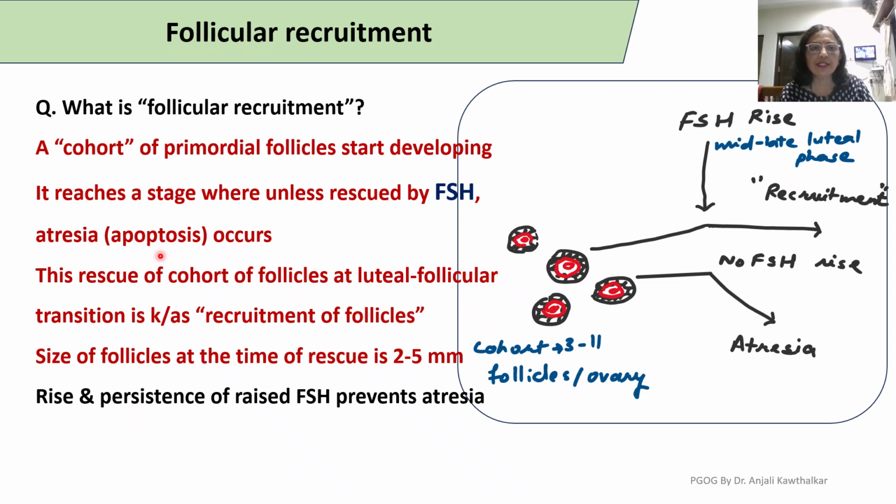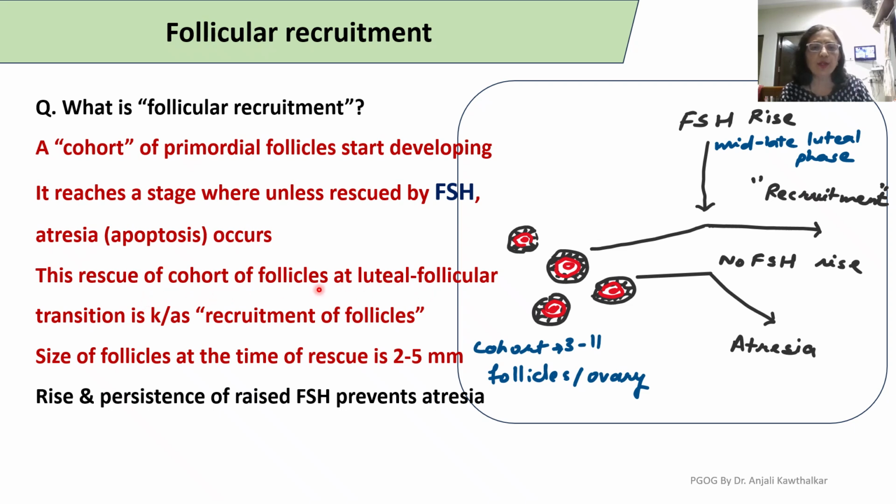Almost all the primordial follicles which start growing are actually destined for atresia or apoptosis. Actually, whatever cohort starts developing, in almost 90% of the cases, these will go for atresia. Only a few will be rescued, and this rescue of the cohort happens at the luteal follicular transition.